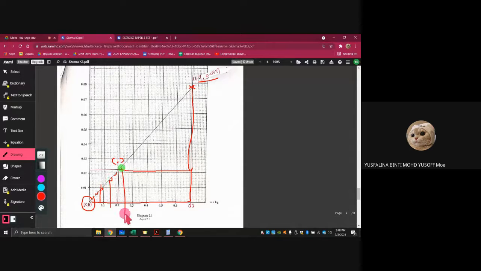But that's still not finished yet. You have to calculate the size of the triangle, whether it's enough or not. The size of the triangle, the minimum is 4 times 5 or 5 times 4. So what does it mean by 4 times 5 and 5 times 4? This is my triangle, right? So one box here is actually equal to 1.